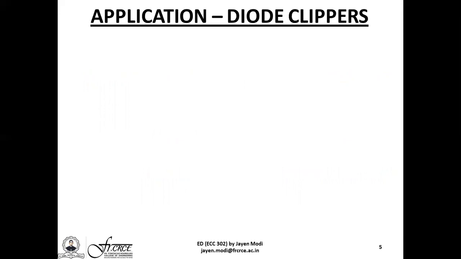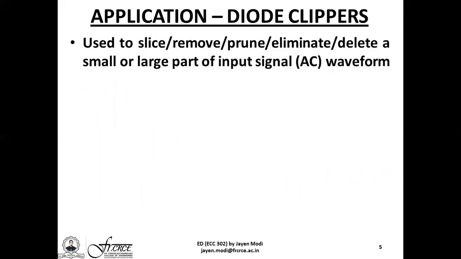The name clippers comes from the word clip. Clip does not mean the clip with which we hang clothes, of course. Clip is a function which we use to cut or prune or edit or delete. So diode clippers are circuits which are used to slice, remove, prune, eliminate or delete a small or a large portion of any AC input signal waveform.